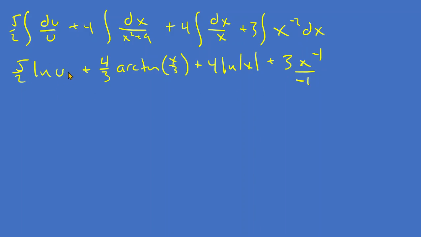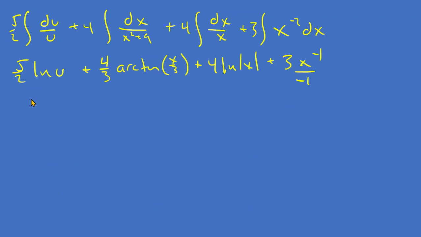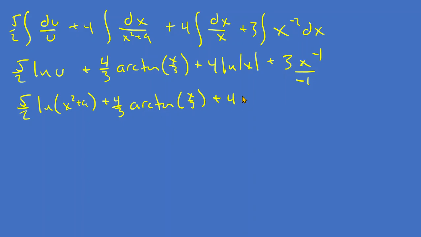Over here, let's go back and see what u was again. u was x squared plus 9. So we have 5/2 the log of x squared plus 9. And notice we don't need to put that in absolute value because x squared is always going to be positive, plus 9 will always be positive, plus 4/3 arctan of x over 3 plus 4 times the natural log of the absolute value of x.